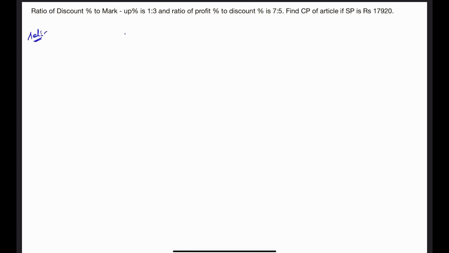Let's try to solve this question. Ratio of discount upon markup is 1 by 3 and the ratio of profit upon discount is 7 by 5. Find the CP of the article if the selling price is 79.20.